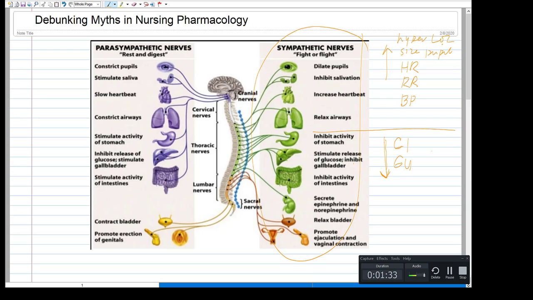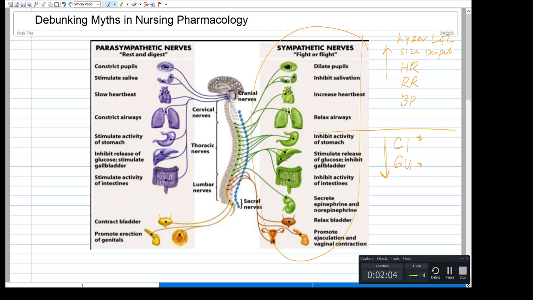But remember, there are some exceptions. For example, when you're giving antipsychotic drugs, it might be a different effect. So again, when it comes to GI and GU, it might be individualized. You have to look at your patient, because sometimes, even though there's decreased activity due to SNS, some patients' reaction would be diarrhea instead of constipation. So you just have to be mindful of that.